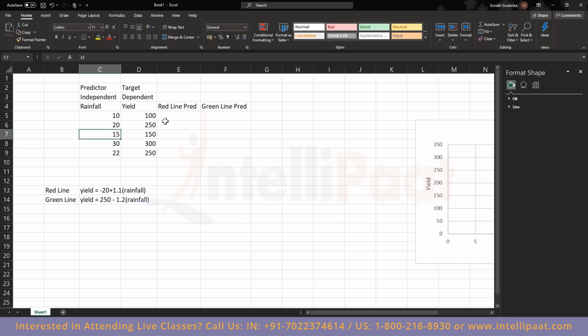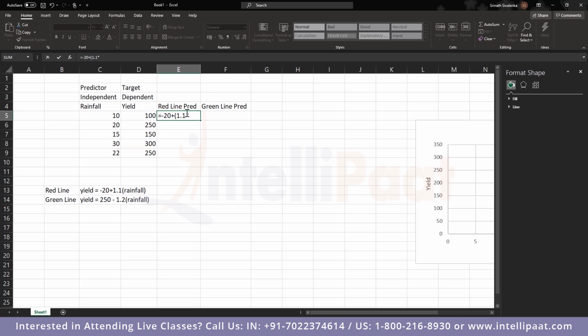Okay, cool. So for the red line, if you go by the prediction, this is going to be minus 20 plus 1.1 multiplied by my rainfall. What is rainfall? Rainfall is this. Actually the slope would be a little larger, but let's not worry about it too much.